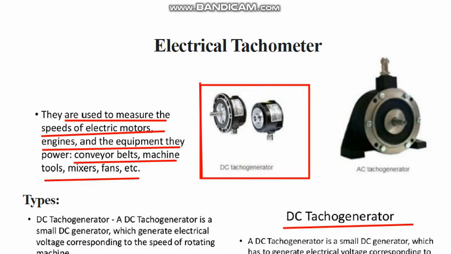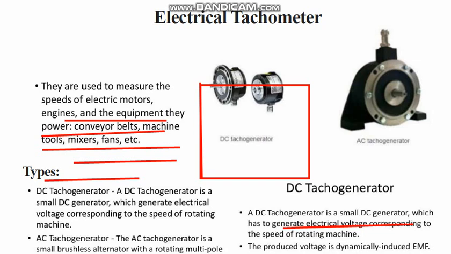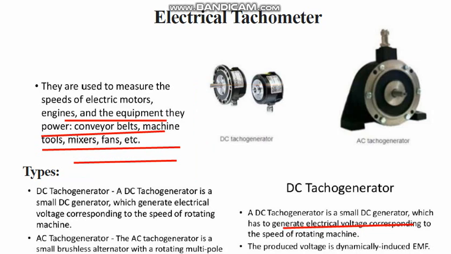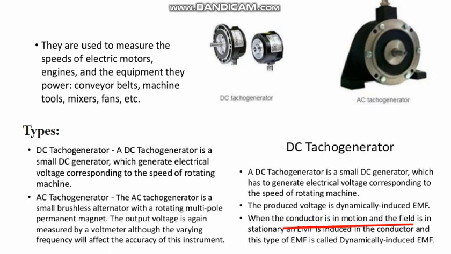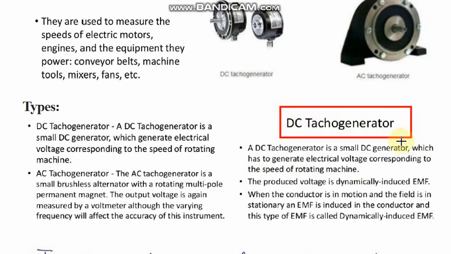Now this DC tacho generator applies the fundamental principle of generating DC voltage as an effect of the varying nature of a shaft. If there is a variation of shaft speed, the DC tacho generator will generate DC voltage according to that speed.